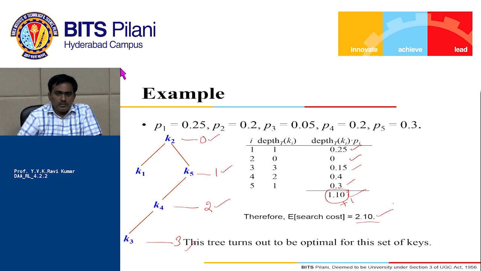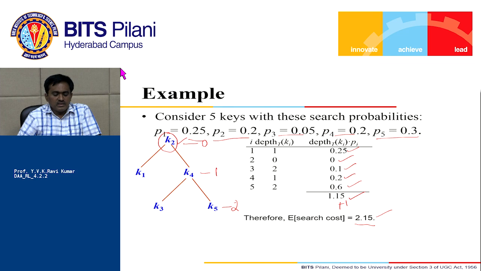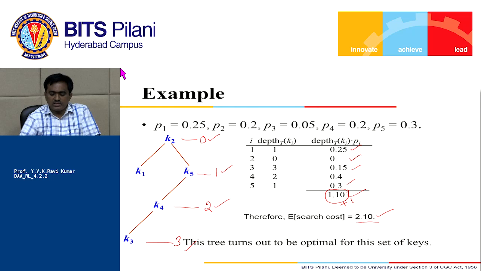Now with the same keys k1, k2, k3, k4, k5 and same probabilities p1, p2, p3, p4, p5, we are able to have two binary search trees. This is the previous one which we constructed, where the expected search cost is 2.15, and for the other the expected search cost is 2.10.